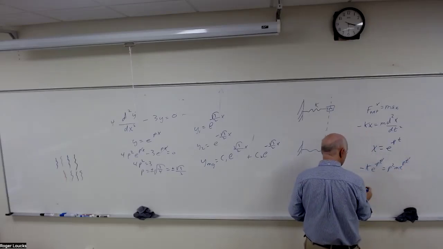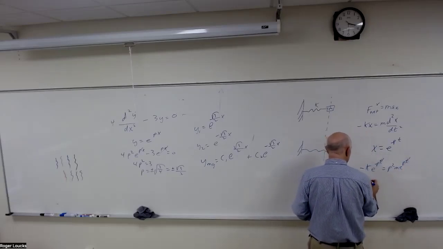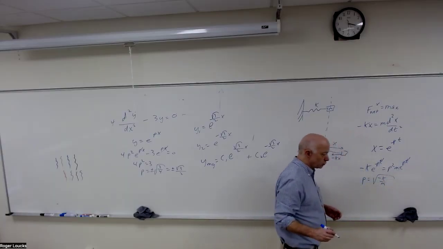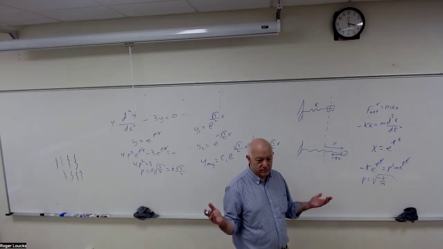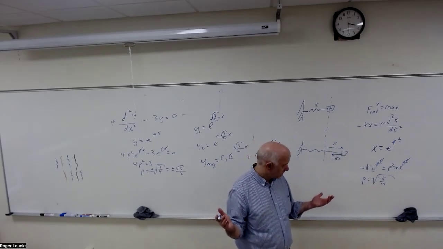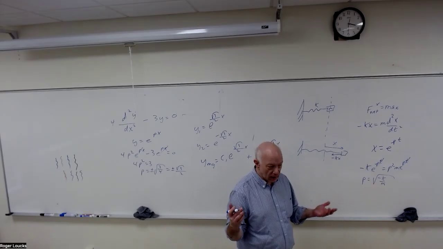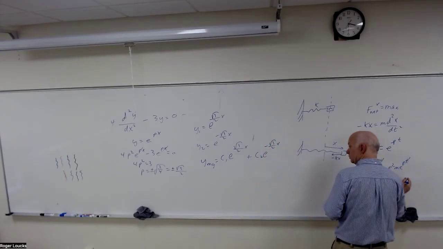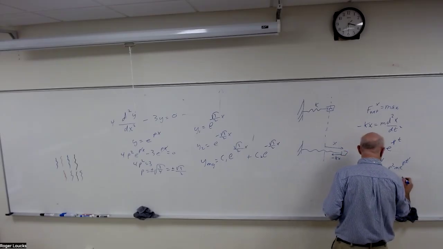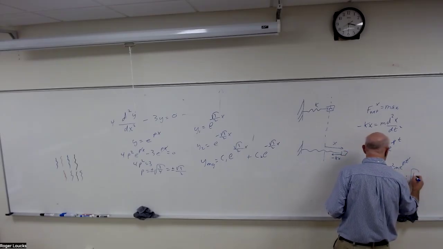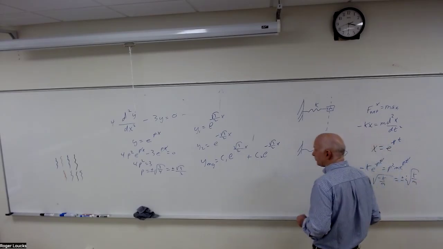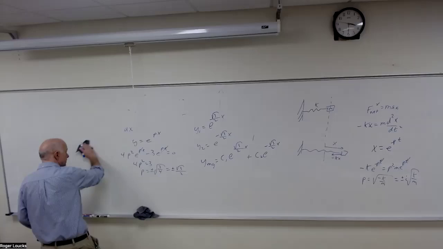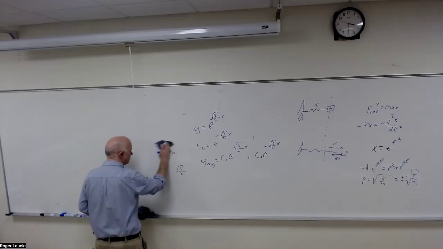This gives me p equals the square root of minus k over m, which we write better as plus or minus i times the square root of k over m. We call the square root of k over m omega naught, the natural frequency of oscillation.